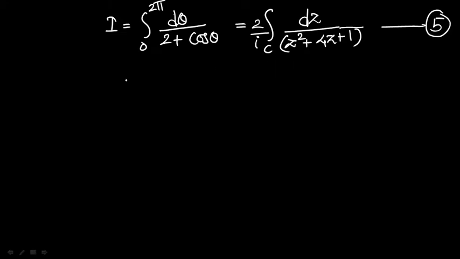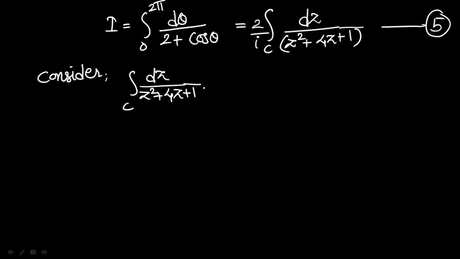Now we consider this integration over C, dz upon z square plus 4z plus 1, and find out its integration by Cauchy's residue. For this, first we have to find out poles. Poles are given by substituting the denominator term equal to 0.